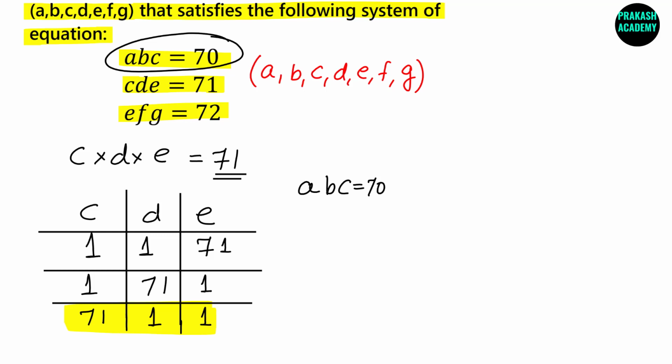If you plug in c equal to 71 and multiply by 2 positive integers, it can never be 70. It will always be greater than 71. This says c cannot be 71. So this solution is ruled out.